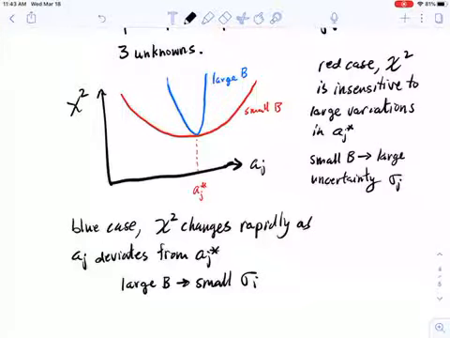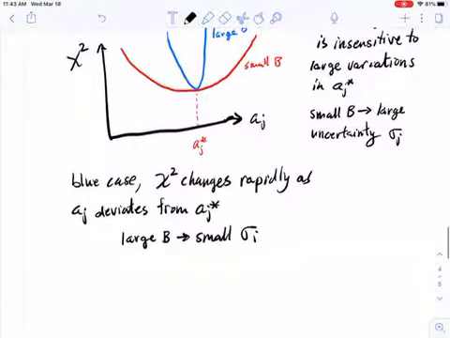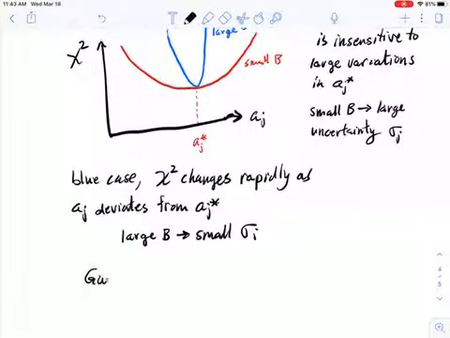So what we might guess is that the uncertainty in our parameter is in some way inversely proportional to b. This is not going to turn out to be exactly true, what I've written down here, but it's maybe a first guess.